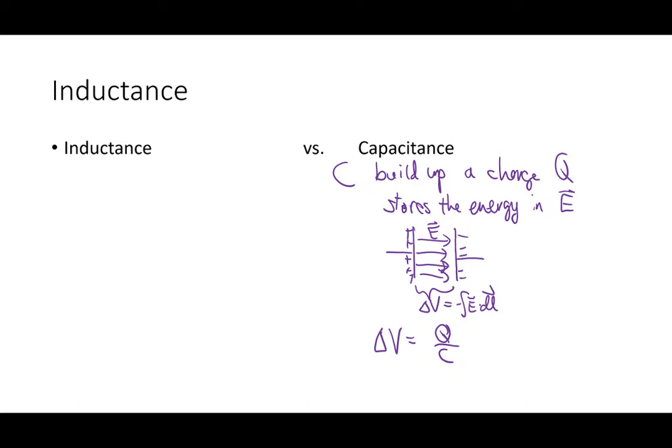Whereas the inductor, you're not charging it up per se. It's building up a current that goes through it. And once it's established that current, right, it's feeding that magnetic flux, and then by Faraday's law, it tries to maintain that same flux by maintaining that same current. And then how does it do so?